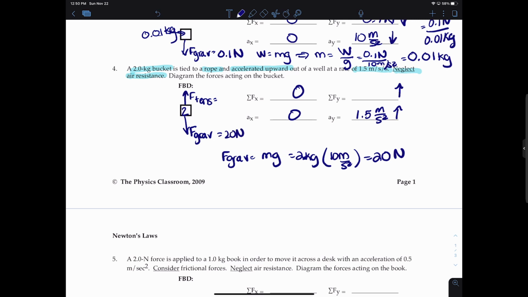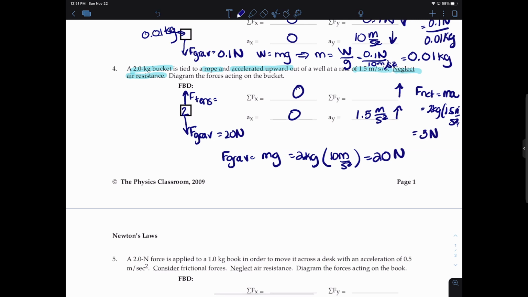Since we have an acceleration, they're not balanced, so F tension we don't know. If we find F net equals m times a, that equals 2 kilograms times 1.5 meters per second squared.